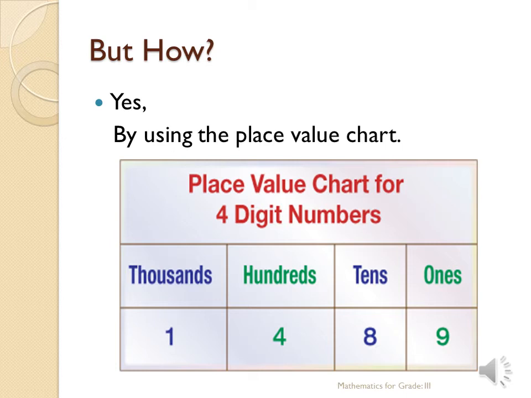By using the place value chart starting from 1, 10, 100, 1000, and this place value chart goes on to more values like 10,000 and so on. So by using the place value chart, we conclude the value of any digit.